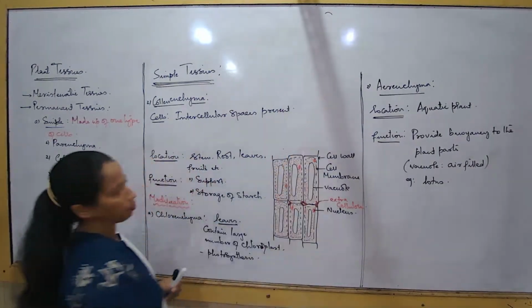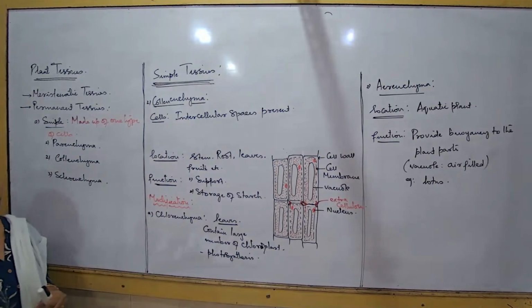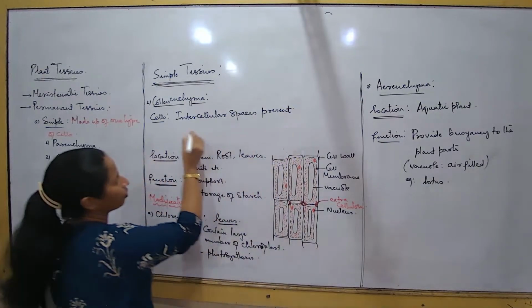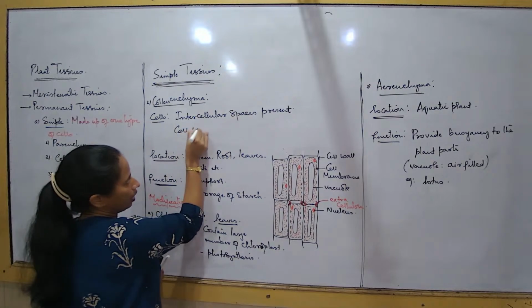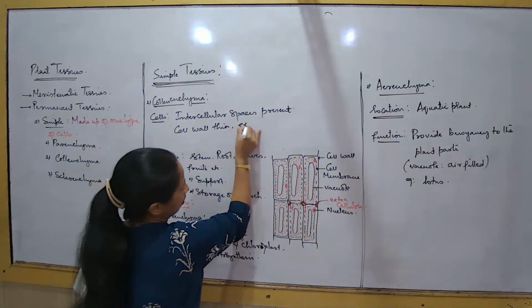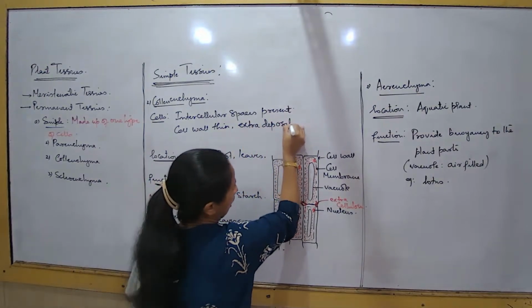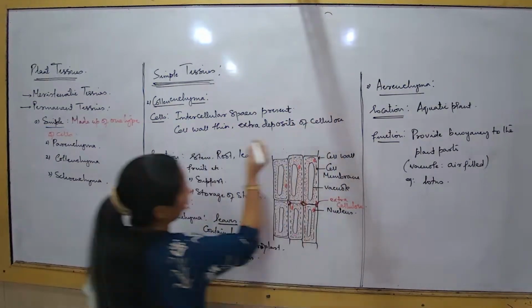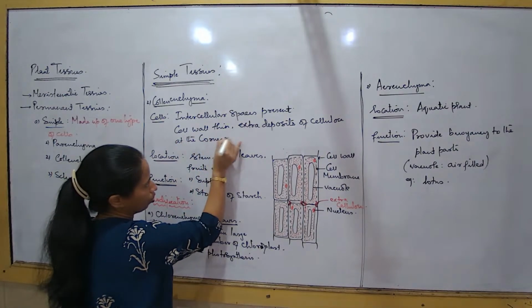Next, apart from the intercellular spaces present, what happens? Cell wall is thin, with extra deposits of cellulose at the corners.